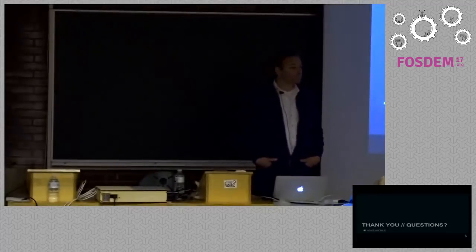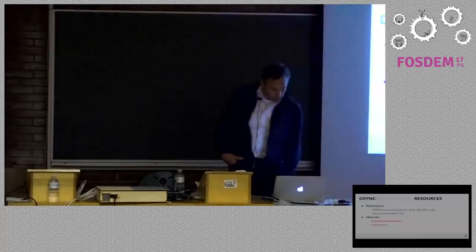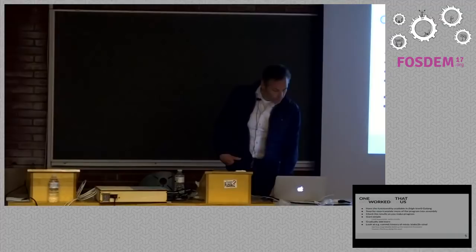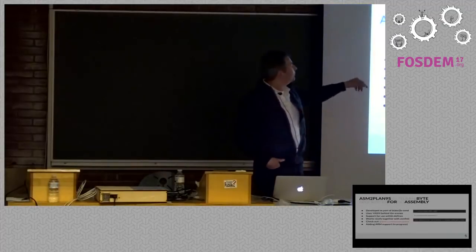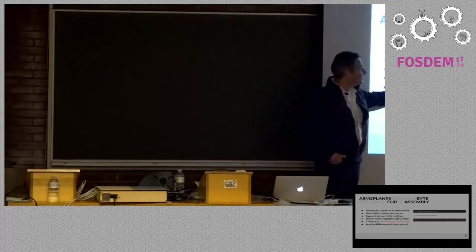I was just wondering, how did you write the assembly? I mean, you showed us all these opcodes. Did you use some other assembler and then extract this? For that, we developed this tool, the asm2plan9s tool, and here you see the repository.